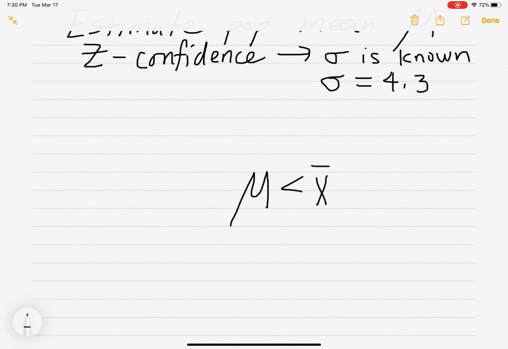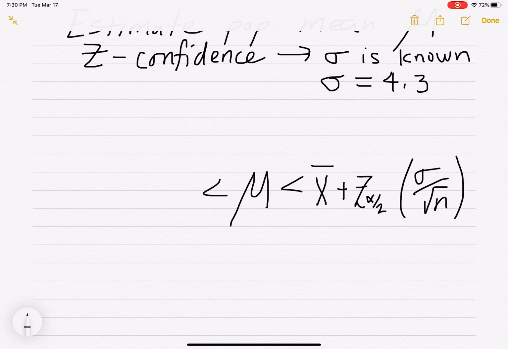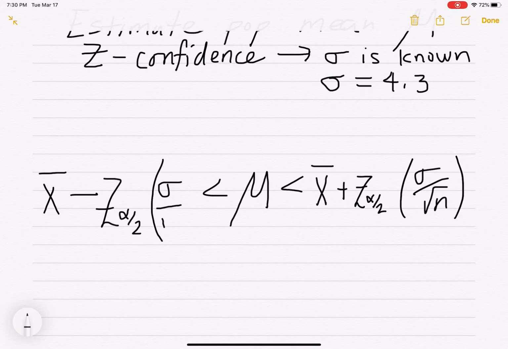X bar plus Z alpha over 2 times sigma divided by the square root of n, and bounded below by X bar, this time minus Z alpha over 2 times sigma divided by the square root of n. So we just need to find what X bar is, n is. We know what sigma is, and we have to find Z alpha over 2.